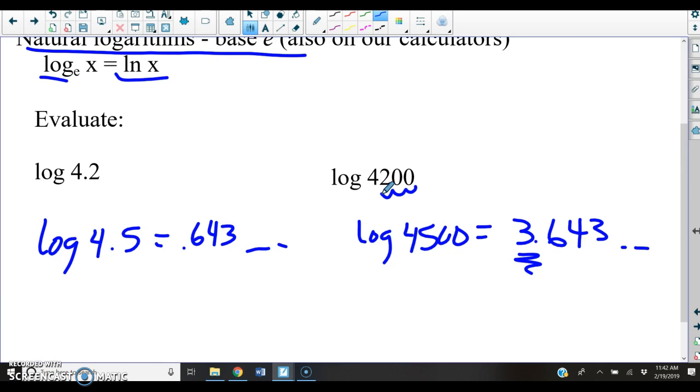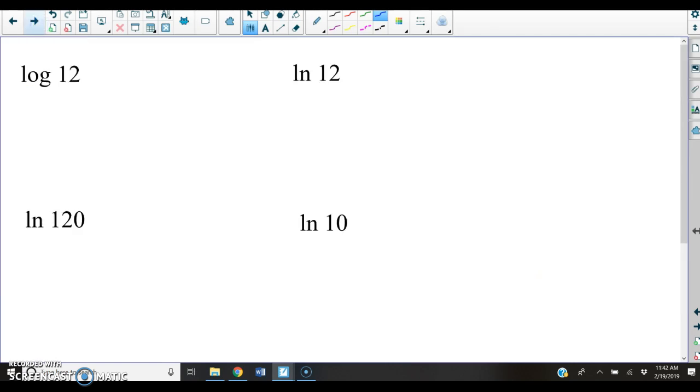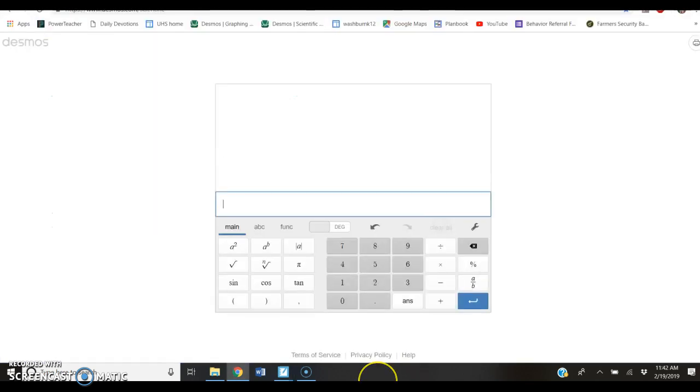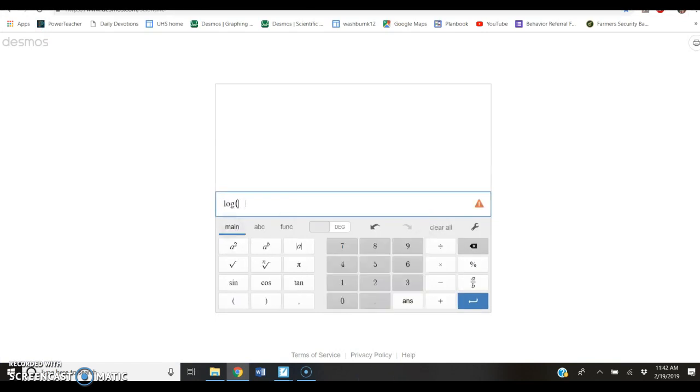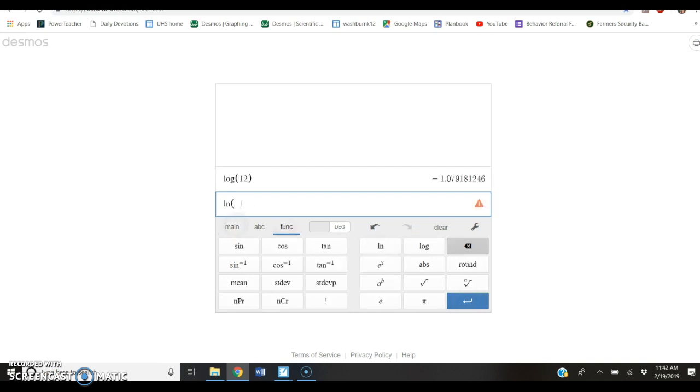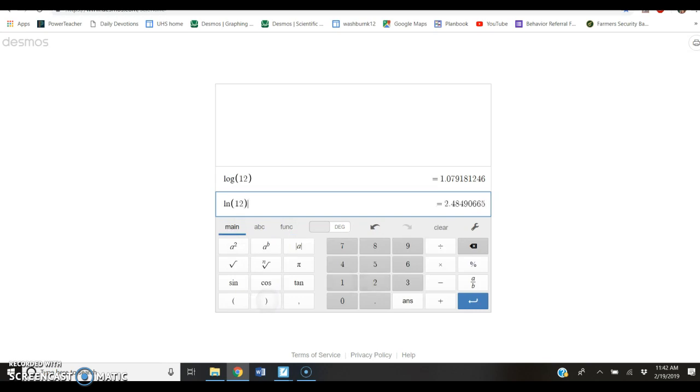When we look at the logarithm in base e, we're going to take a look now at the log of 12 and the natural log of 12 and see what the pattern is. Okay, we're going to clear it all. Then we're going to do the log of 12. And then we're going to do the natural log of 12.